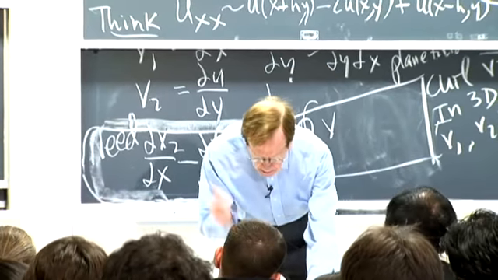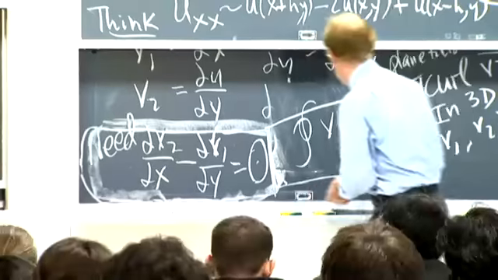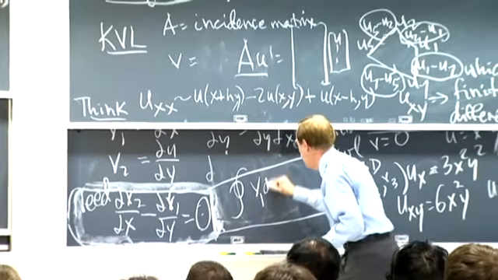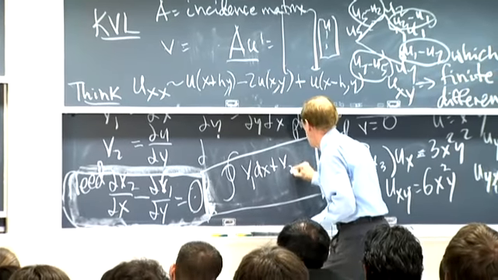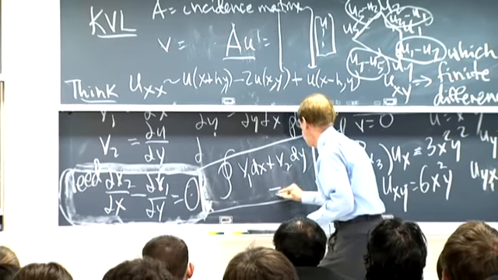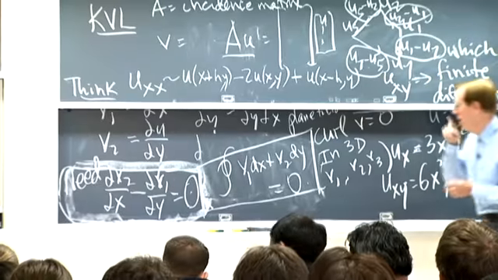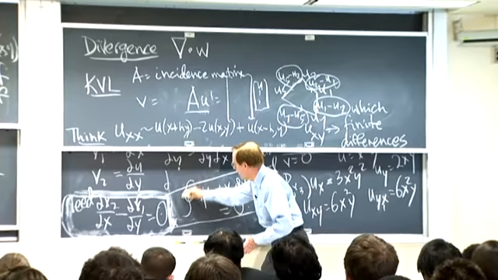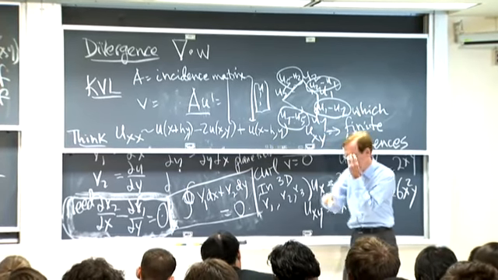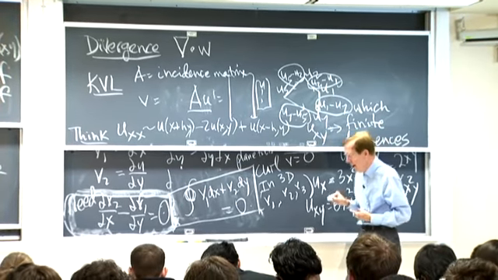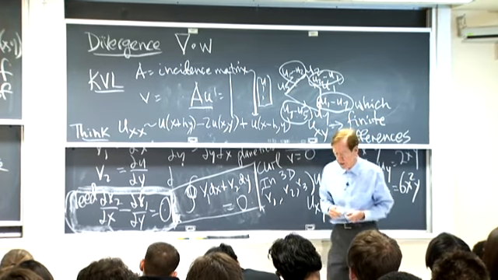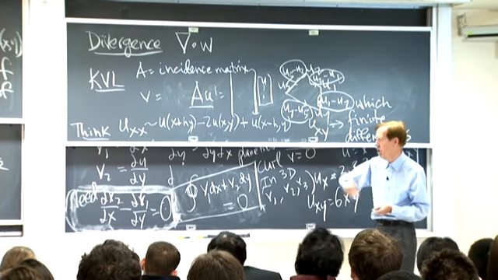Now my integral is going to be the circulation, because I'm following the path. So it's just V1 dx plus V2 dy should be 0 around every closed loop. That's the idea: the integral goes around a closed loop. If I follow the velocity field, the total circulation is 0.